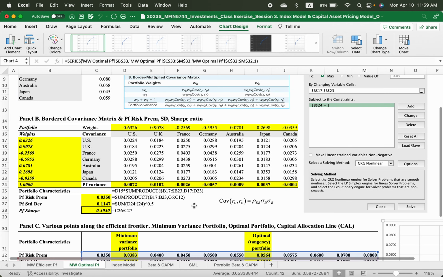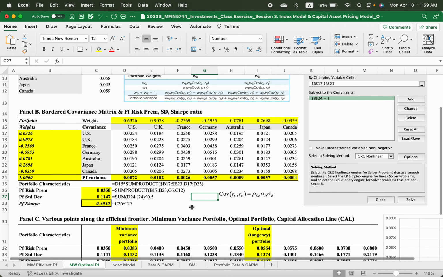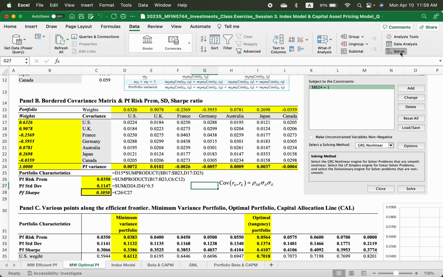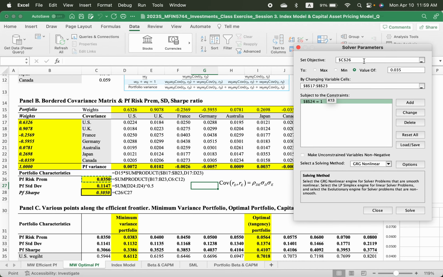Now, let's move to the optimal risky portfolio. How do I find the optimal risky portfolio? Now we'll change the conditions on the Solver. The objective must now be the Sharpe ratio, the highest slope under the efficient frontier line.